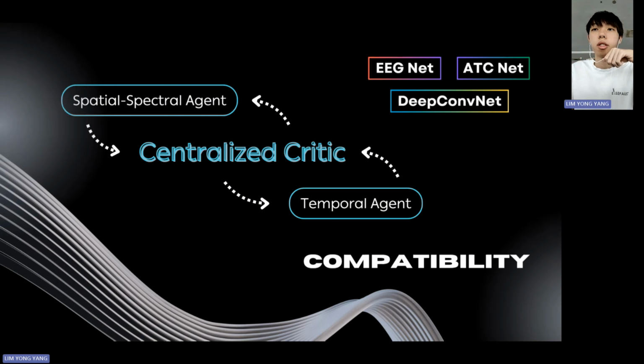And for the other models like the EEG-net, the ATC net, and also the deep convolutional net, they take the features as input and do their things. So these two parts are quite independent. Hence, by using the Mars structure, you can still integrate it with other deep learning models like the deep convolutional net and such.